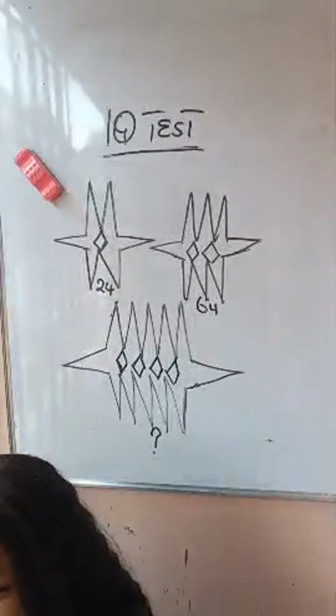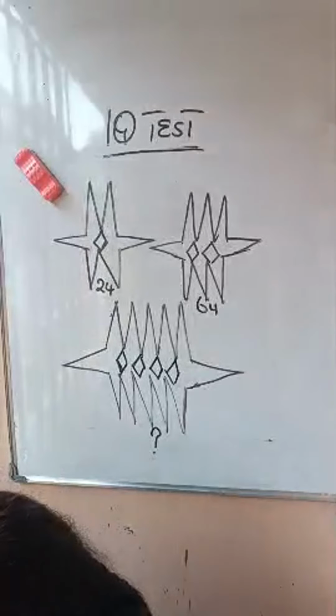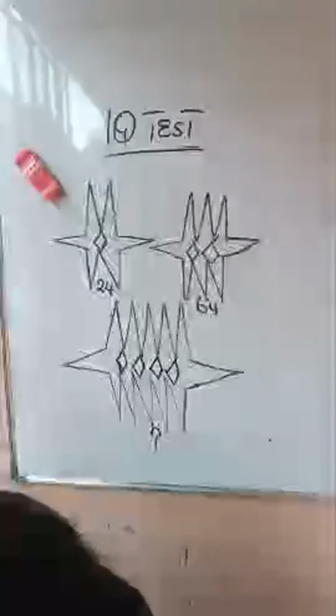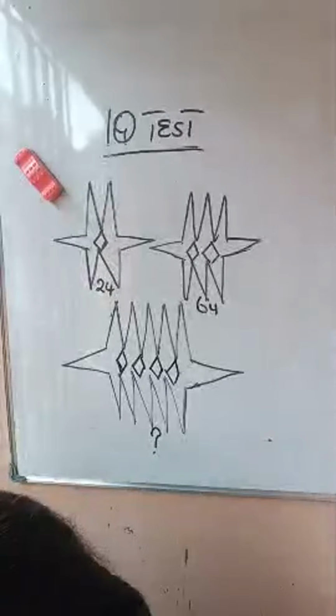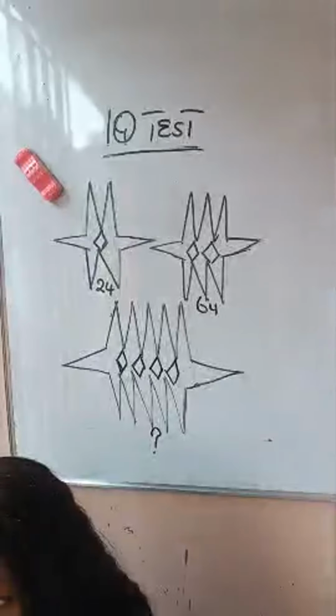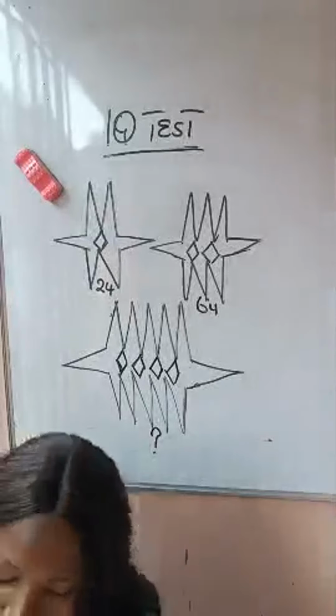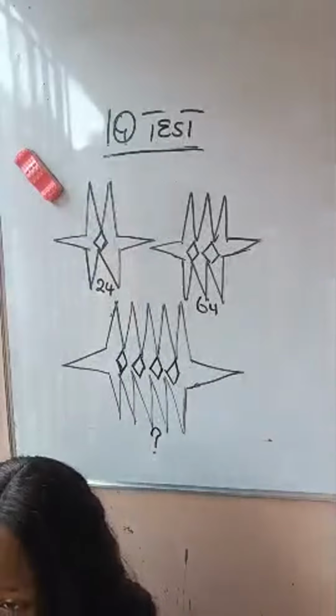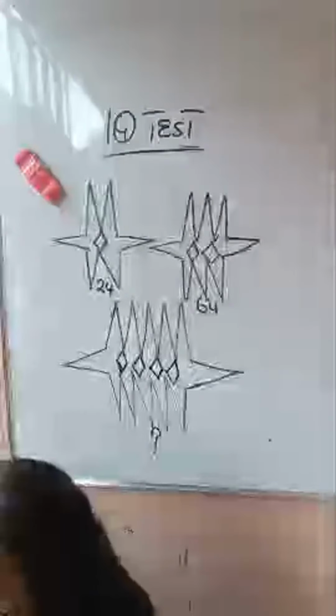Tosif says it is 104. Baby is saying 144. Sister is saying 144. Please tell us how you got 144. I'm curious, I want to know.